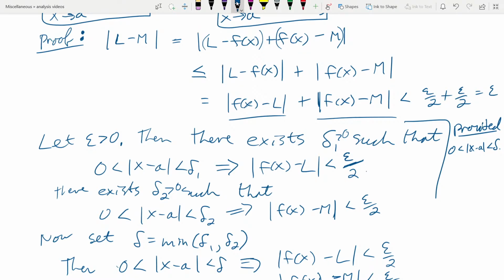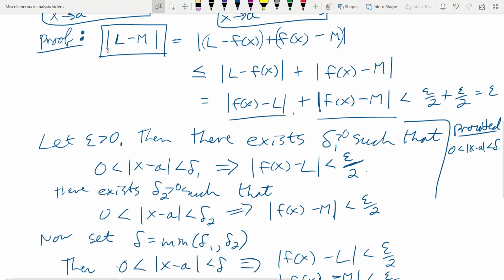All right. But if you go all the way back to the left, L minus M, there's no x appearing there. x was just used as an auxiliary, intermediate step. So this middle part will only be true for certain restricted values of x.